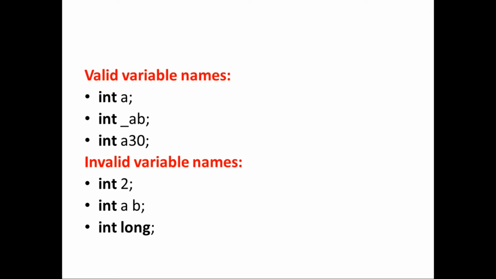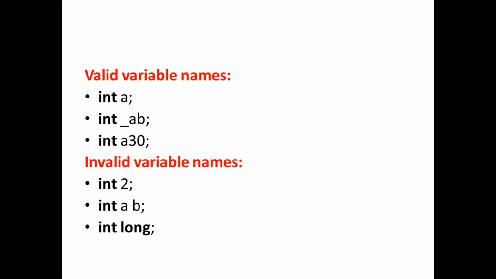int a is valid and int 2 is not valid, because as already told, you can use alphabets but the name should not be only digits. The second one, int underscore ab, is allowed, but int a space b is not allowed.